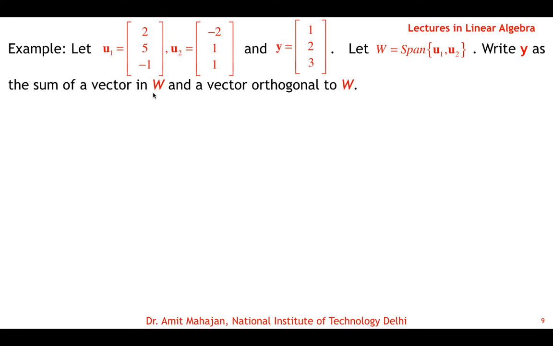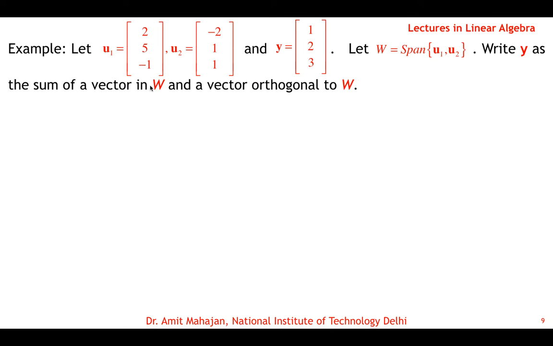So we have to write y as the sum of vectors y cap and z, where y cap belongs to w, so y cap will be written as a linear combination of u1, u2, and the z vector is the orthogonal vector, which is y minus y cap.